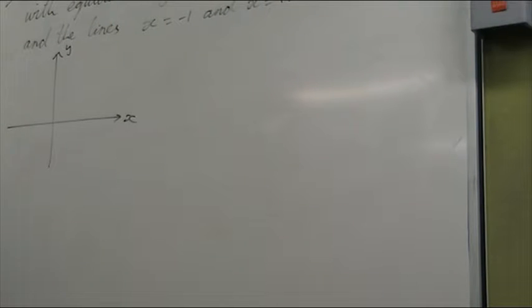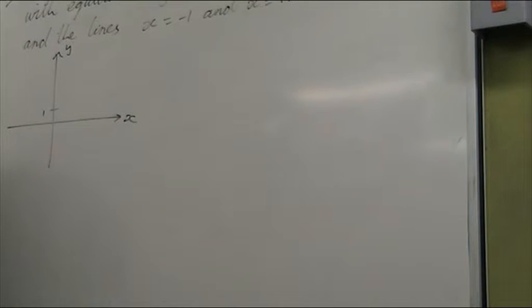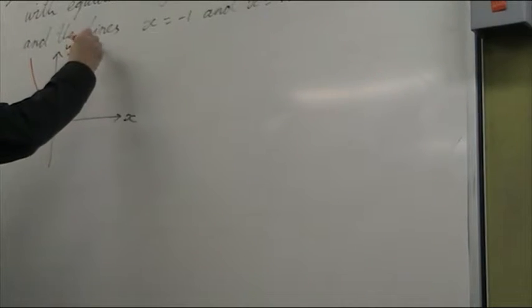So x squared plus 1 is a parabola, and its turning point is at 1, and nothing else has happened. It's just been shifted up 1. So we've got that there.